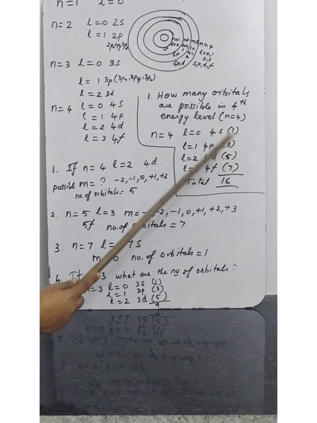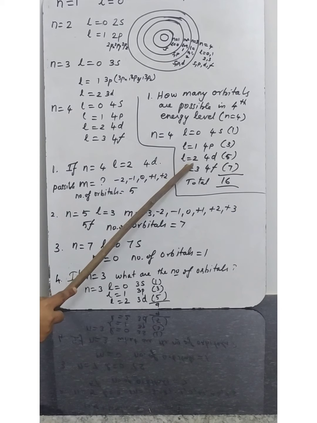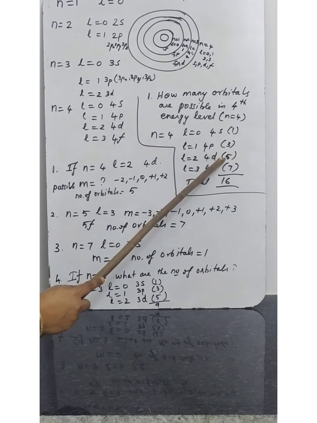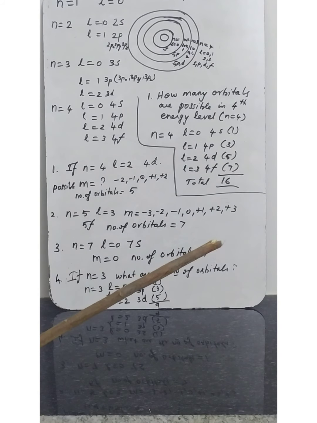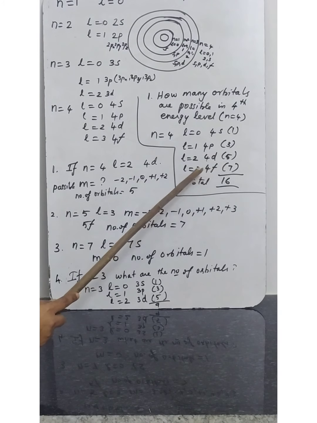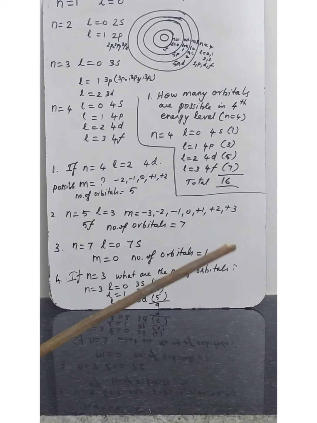So 3 types of orbitals: 4px, 4py, 4pz. If L is equal to 2, it is 4d orbital, and 4d has 5 types of orientation, so 5 orbitals. If L equal to 3, 4f will come, designated as 4f. And what is the total number of F orbitals? 7 boxes, 7 types of orientation.